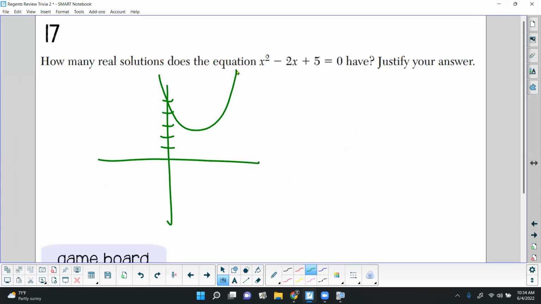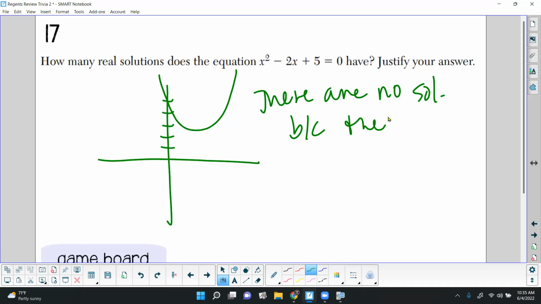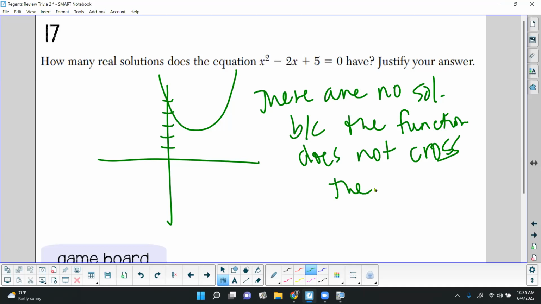And you could write this same sentence that a lot of kids chatted me in the chat. There are no solutions because the function, the parabola, whatever the equation, so the function does not cross the x-axis, right? So that is a justification.